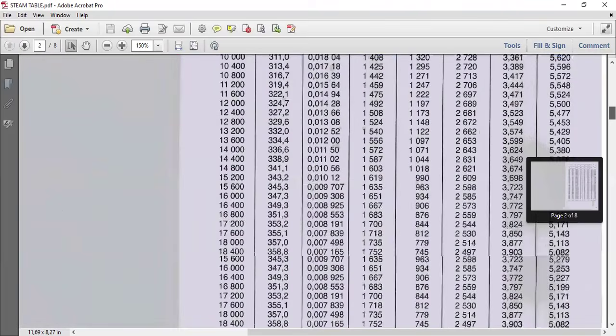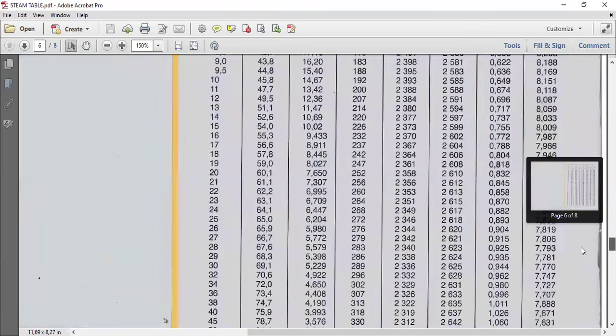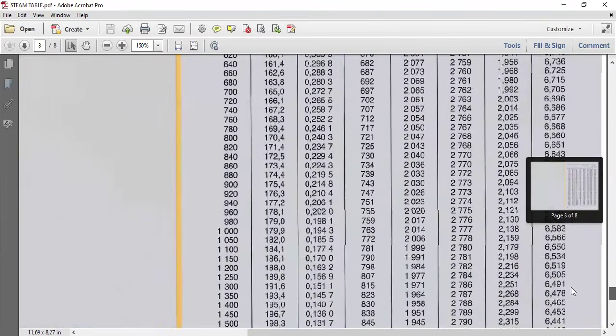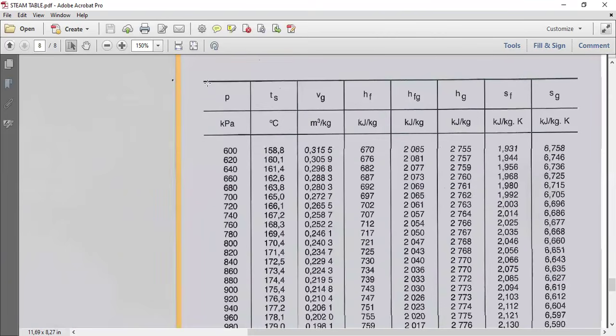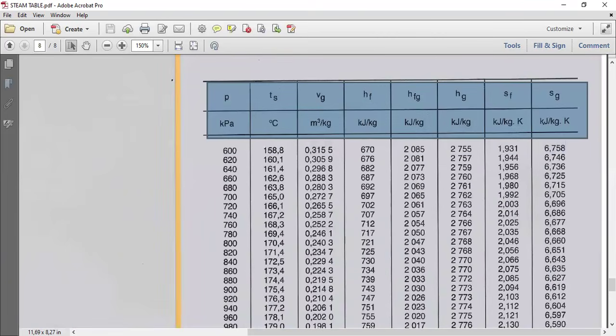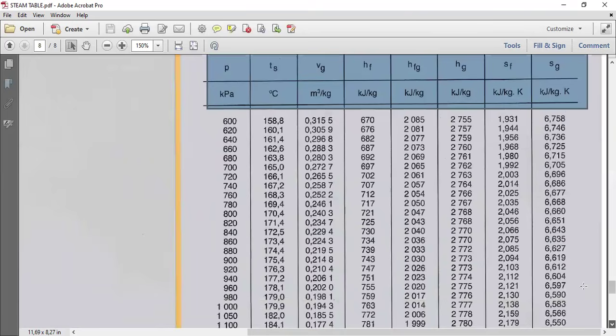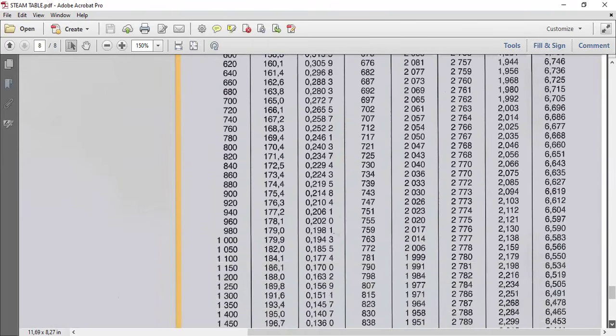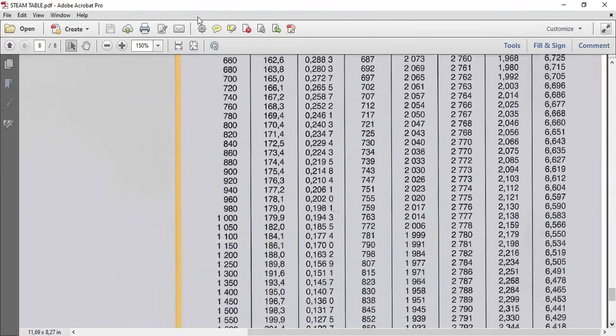All right, no problem. The problem with mine, guys, is that these pages were being mixed. But if you check, this is where we have 1,500. Remember, like I said, we go back to the normal steam table and we are going to need the values there, Hg and Ts, the saturated values. All right, so this is where I see my 1,500 here. Let me try and indicate it.